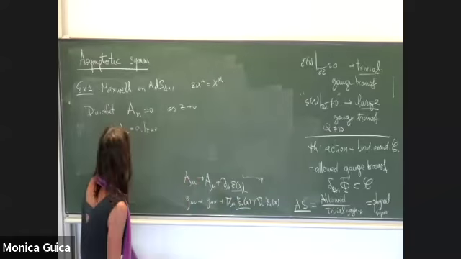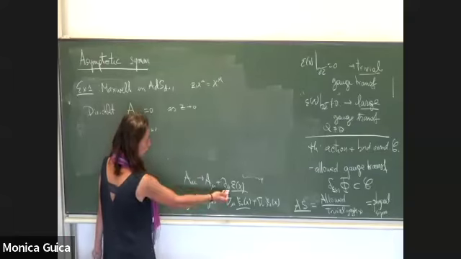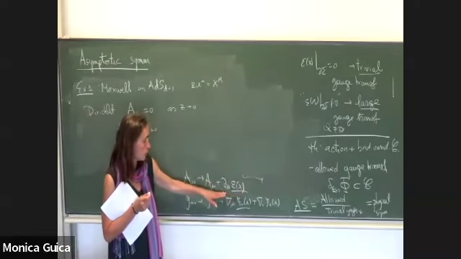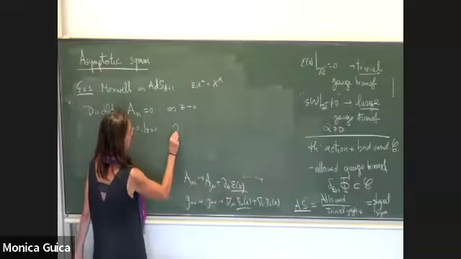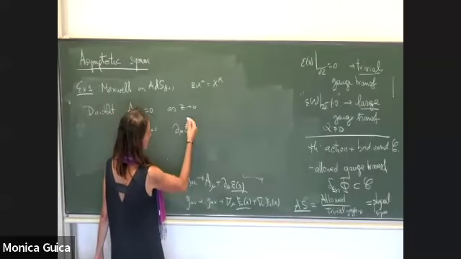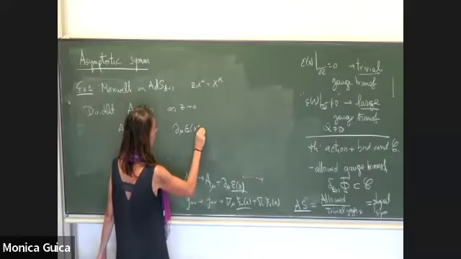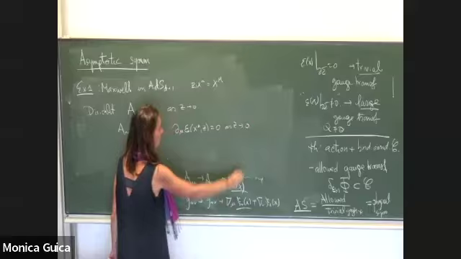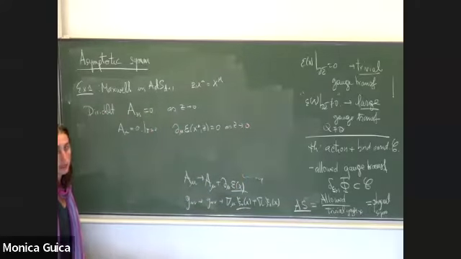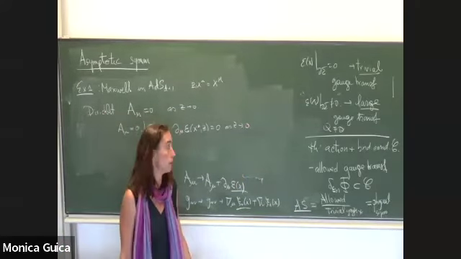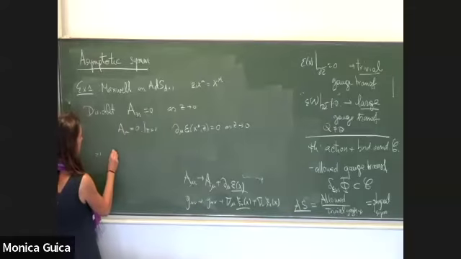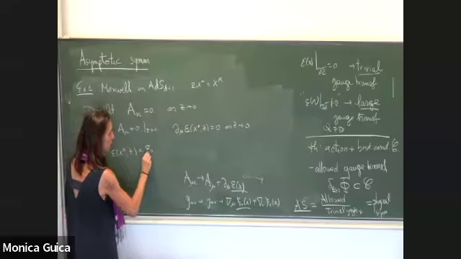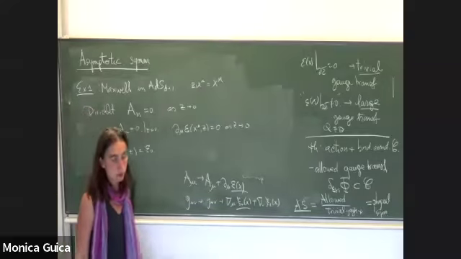To answer that question, when I perform this gauge transformation, I should require that d_mu epsilon, where epsilon is a function of all the AdS coordinates, goes to 0 as z goes to 0. That's my restriction on the allowed gauge transformation, which implies that epsilon of x mu and z has to go to a constant, epsilon_0, at order z to the 0.